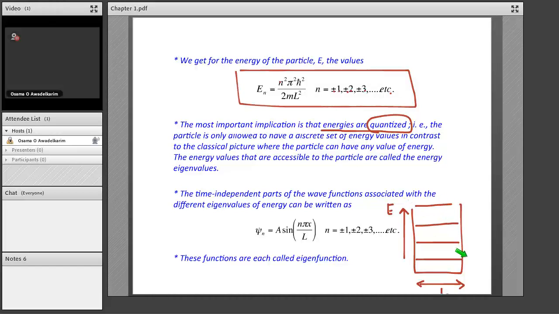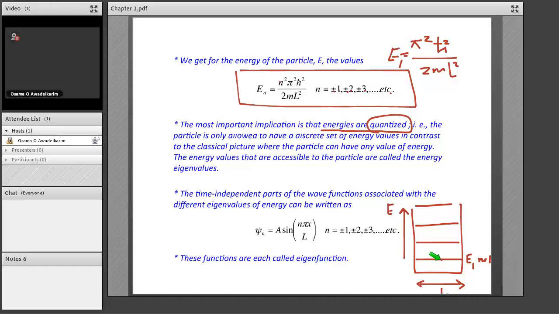This is E1 for n equals 1. So if we substitute n equals 1 here, we get pi squared h bar squared over 2mL squared. That is my E1, which is this energy.